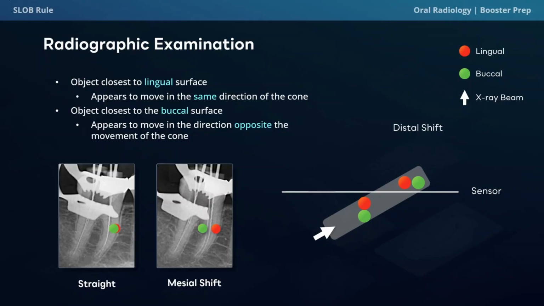The lingual file, or the file in red, still moves in the same direction as the shift, and the buccal file, which is in green, still moves in the opposite direction. So whether we shift mesially or distally, the SLOB rule helps hygienists capture and interpret the radiographs that give a clearer view of the root and the canal positions, and this improves the accuracy of diagnosis and treatment planning.